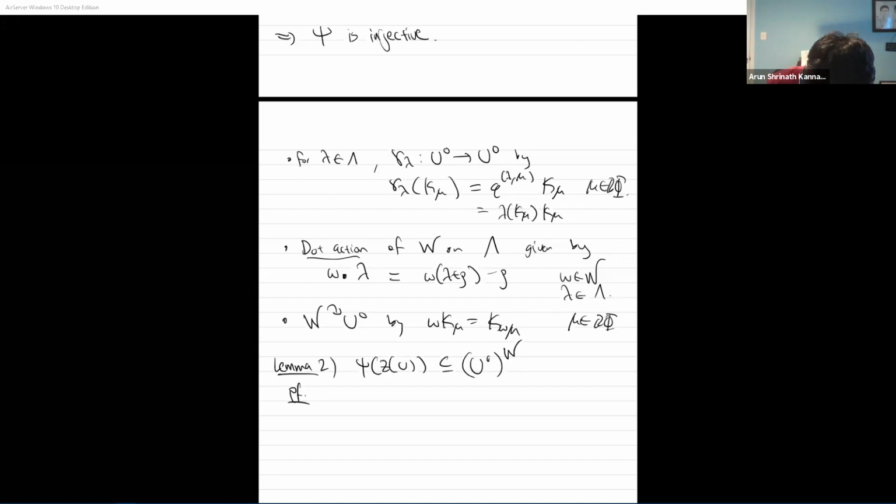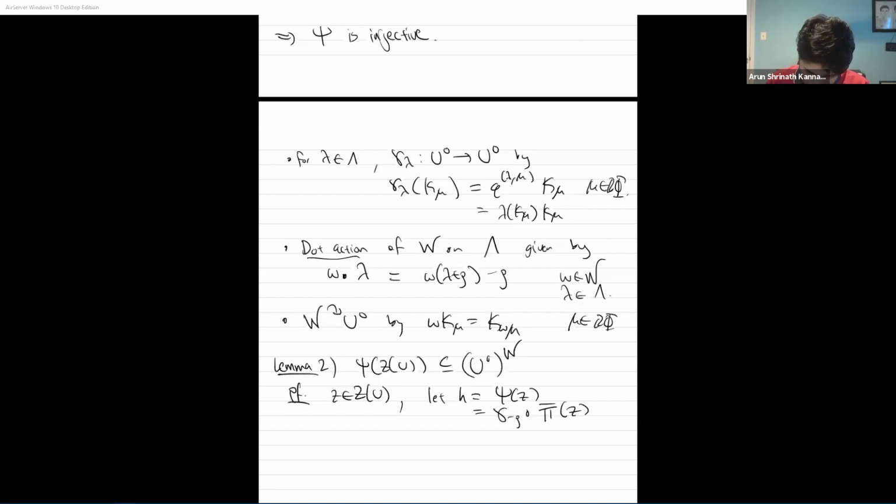So if Z is in the center of U, let H denote psi of Z, which is equal, by definition, to gamma minus rho of pi of Z. And if you remember the property on gamma, this is the same thing as gamma rho of H is equal to pi bar of Z.